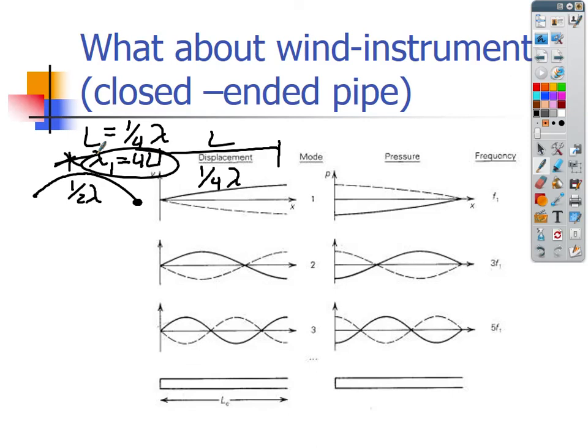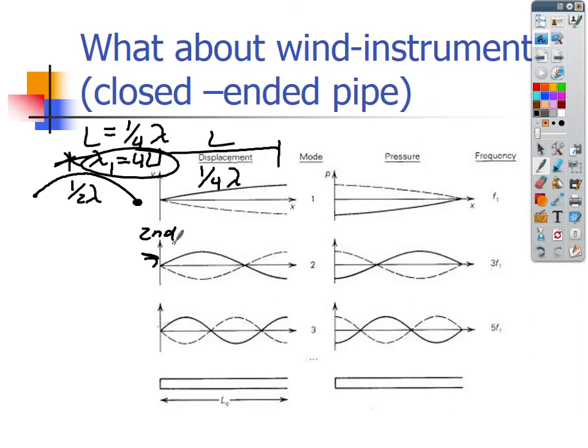That's important. So this is the other main situation. There's a third one, but you'll see it follows one of the other two. So a closed-ended pipe doesn't follow the 2L model. It follows the 4L model. In addition, the other initially difficult thing about closed pipes is the second harmonic, the second wave that I can create, looks like this one. This is the second harmonic.